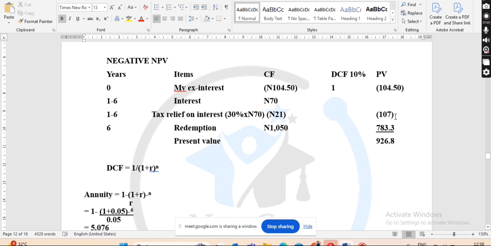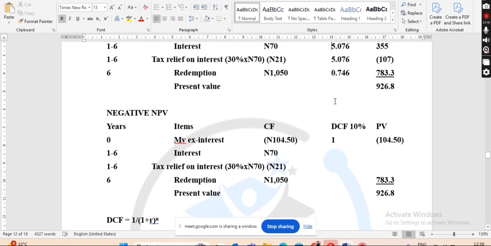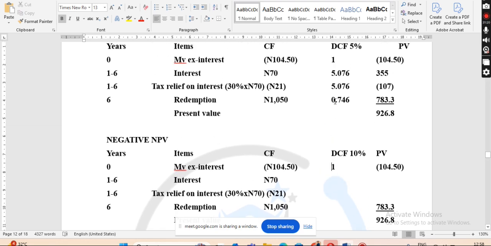The DCF is 4.355. The DCF for interest is what? 4.355.